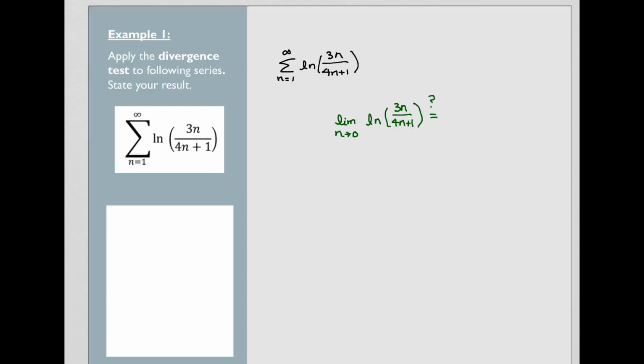If that limit is not 0, automatically the series diverges. So let's see, what is the limit as n goes to infinity of the natural log of 3n over 4n plus 1?